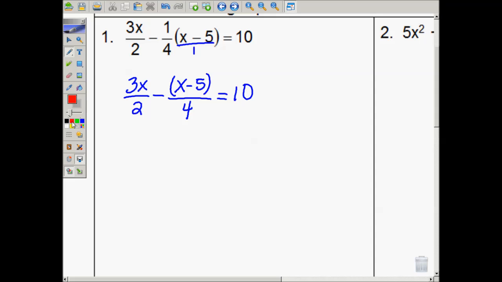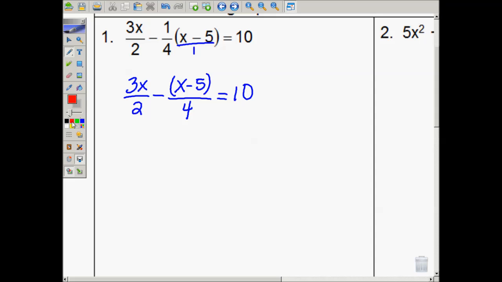So 1 times x minus 5 is x minus 5, and 4 times 1 is 4. What if it would have been 2/4? Then it would have been 1/2, and I would have written x minus 5 over 2. All right, touche.